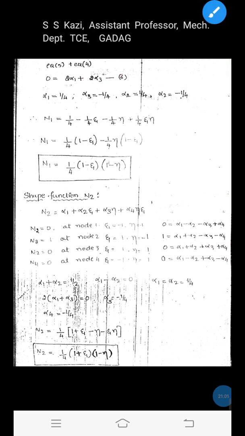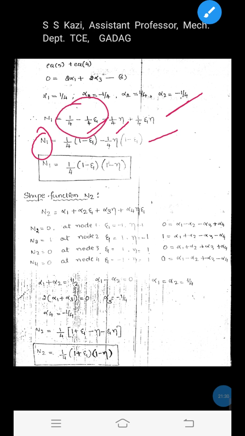If we write this by taking the common, n1 can be written in this form also, that is 1 by 4 into bracket 1 minus zeta, minus 1 by 4 into neta into bracket 1 minus zeta. First these two terms have to be written in this form.